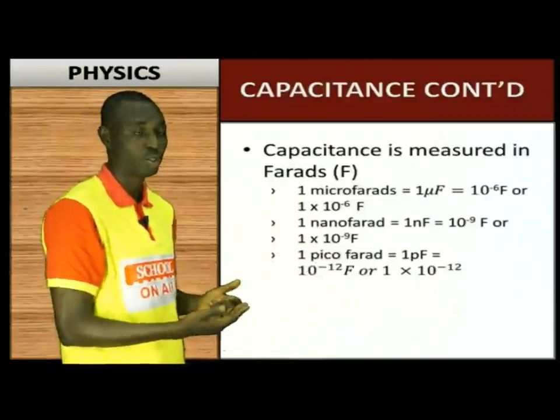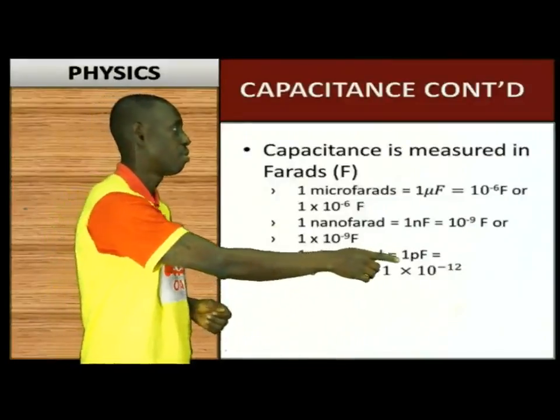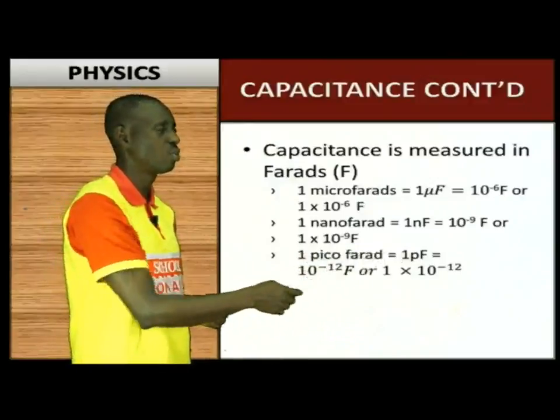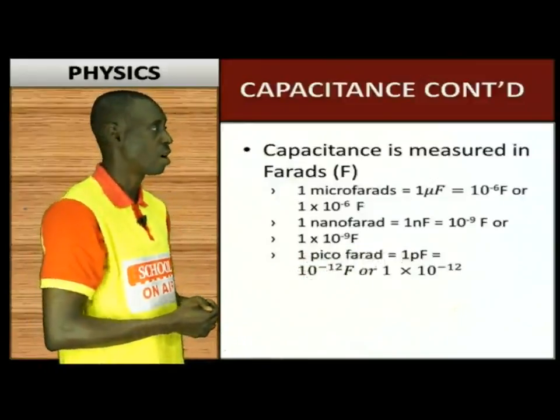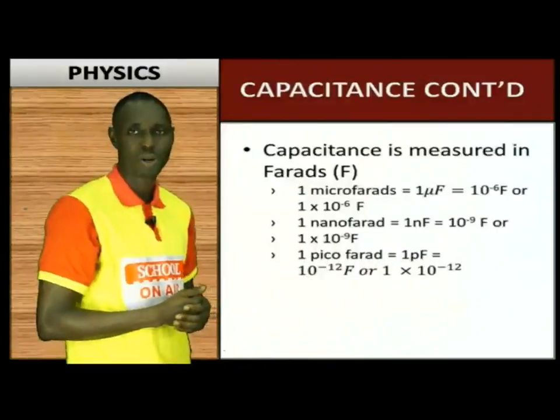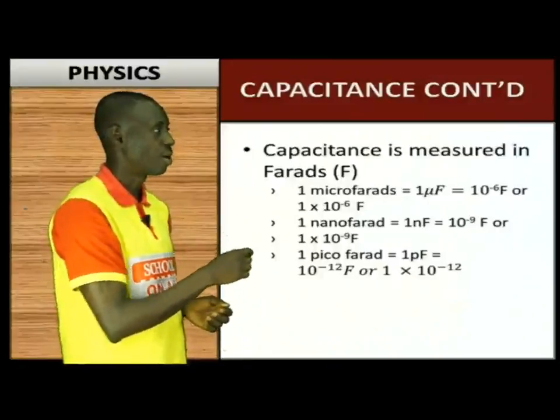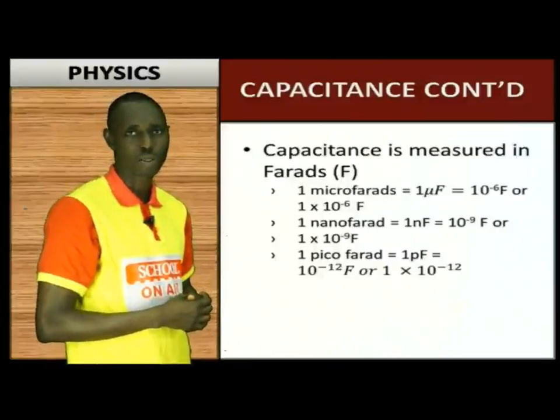Then we also have the picofarad, the smallest of all, represented by 1 pF, which is equivalent to 10 raised to the power minus 12 farad. Microfarad is 10 to the minus 6 farad, nanofarad 10 to the minus 9 farad, picofarad 10 to the minus 12 farad.